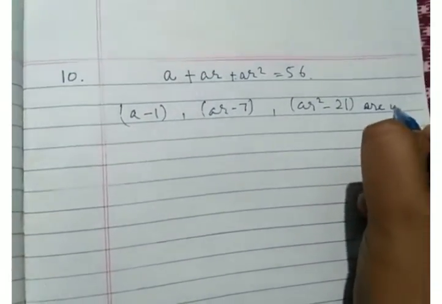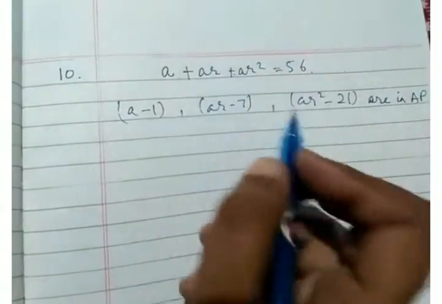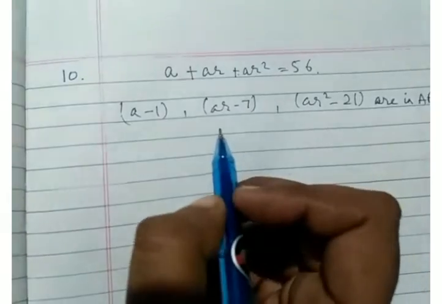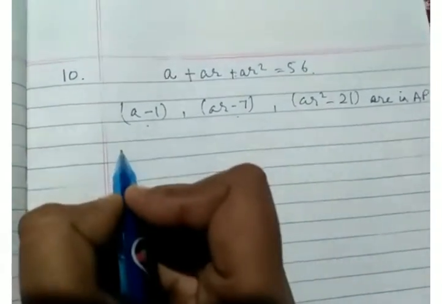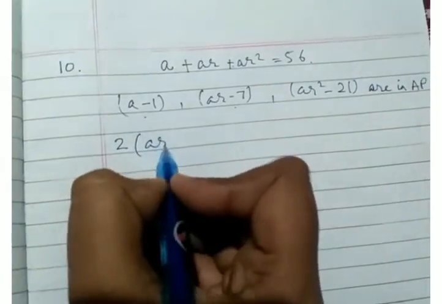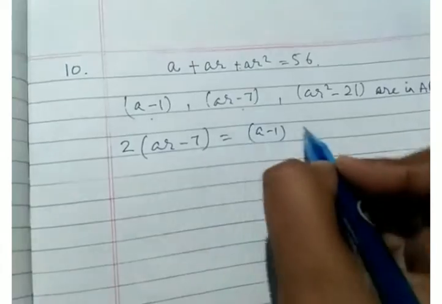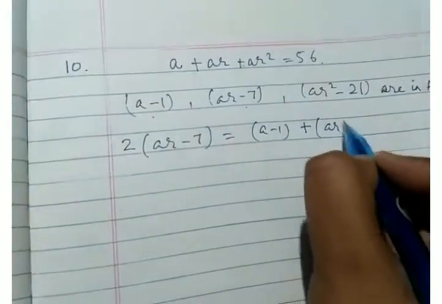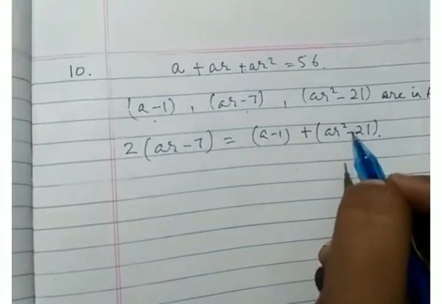Now if these three terms are in AP, so we know that 2 times the middle term is equal to the sum of the extremes. So we have 2 times ar minus 7 equals a minus 1 plus ar square minus 21. Now we can simplify this.